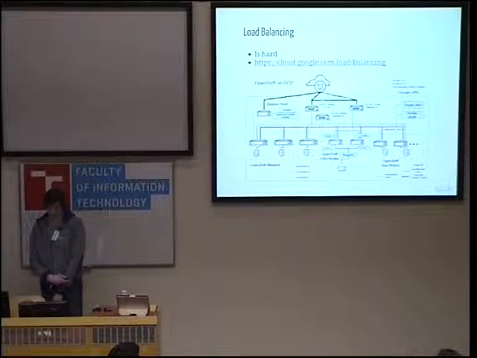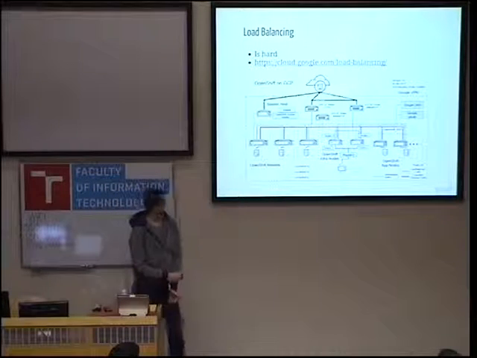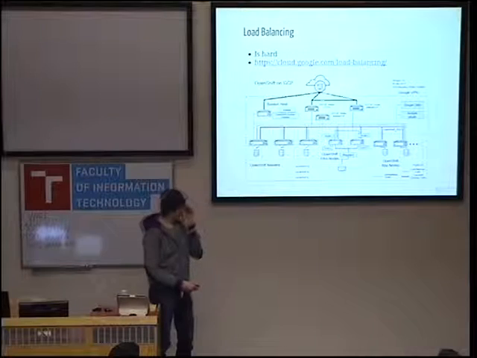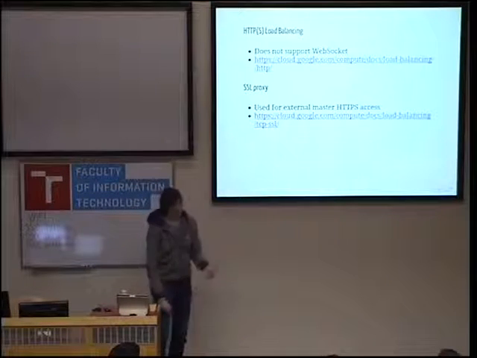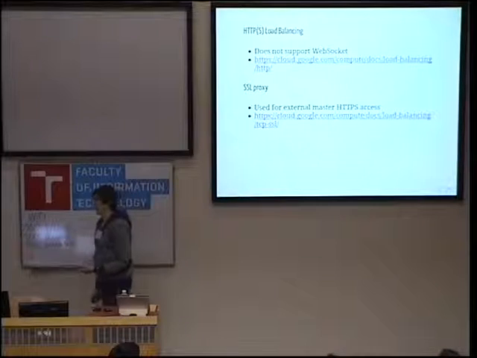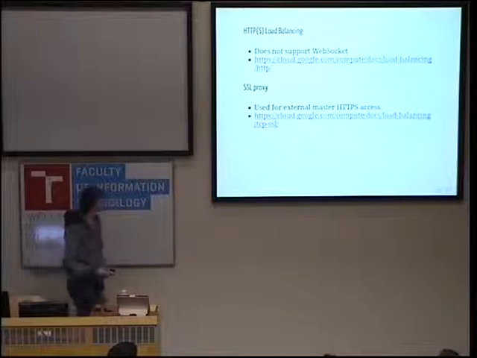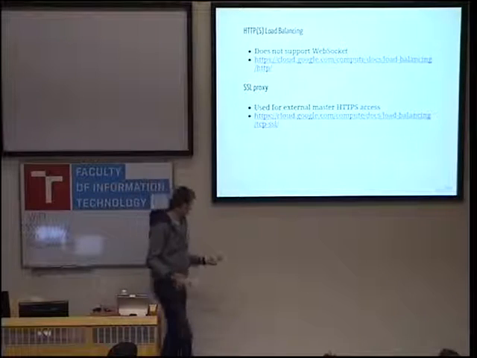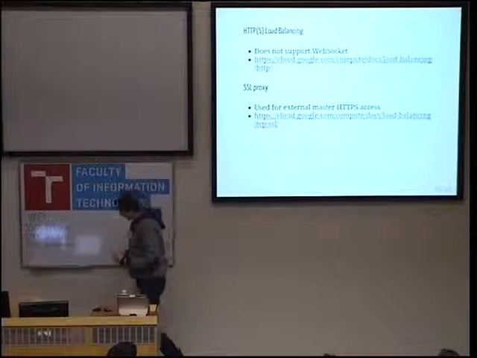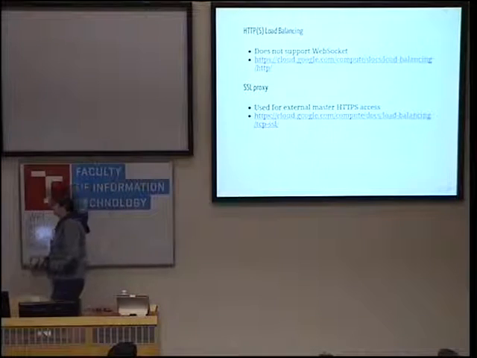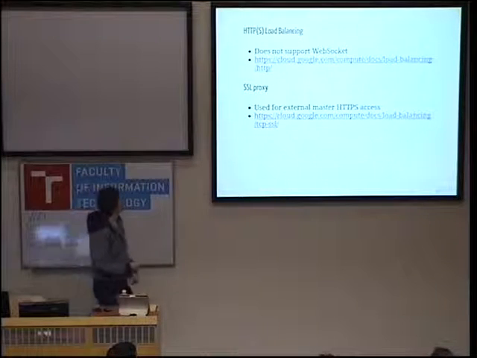All right, so let's say we somehow know what we need to load balance, and let's discuss how we will do it. Basically, Google provides 4 types of load balancing. First is HTTPS load balancing, which works on the HTTP layer. We originally used that for web access, but we found out that the web console is using WebSocket, so there's no way.